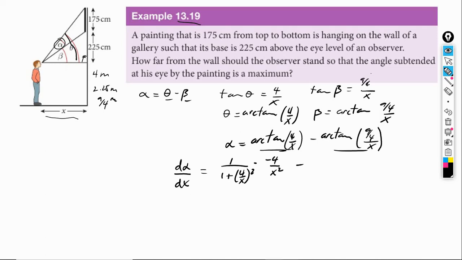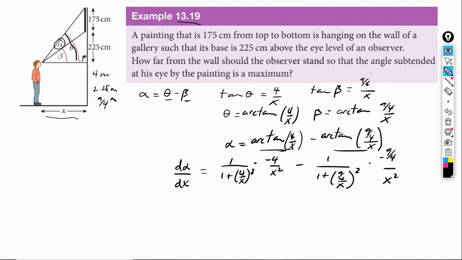So this minus something similar, 1 over 1 plus (9/4 over x) squared, times negative 9/4 over x squared.